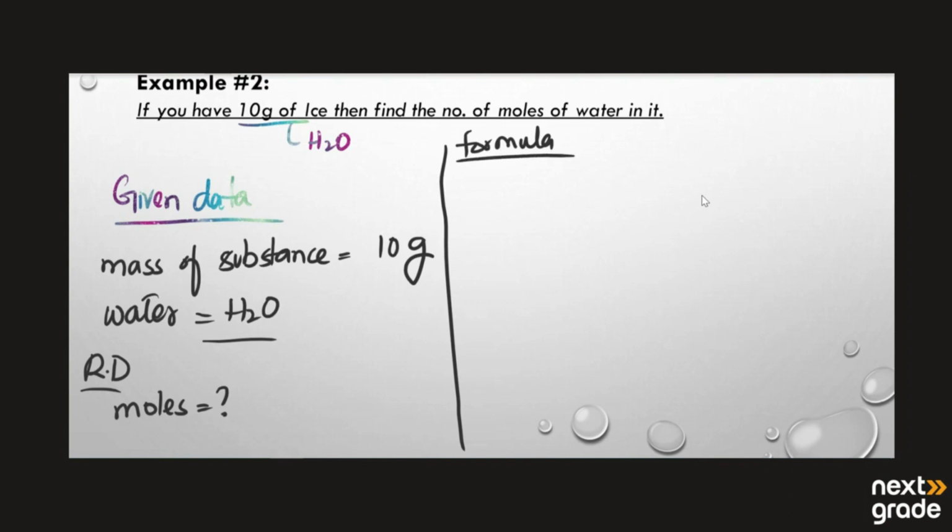The formula we have is moles is equal to mass in grams divided by molar mass. So we have the mass but we don't have the molar mass. So what will we find first? The molar mass.